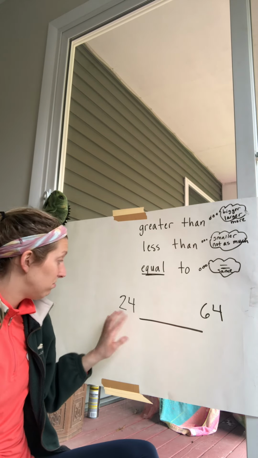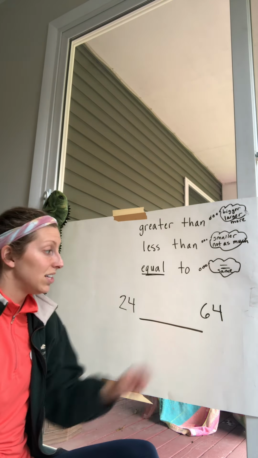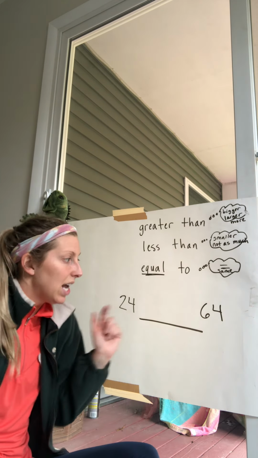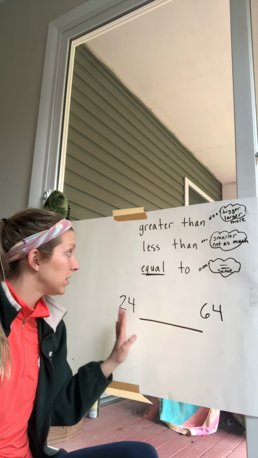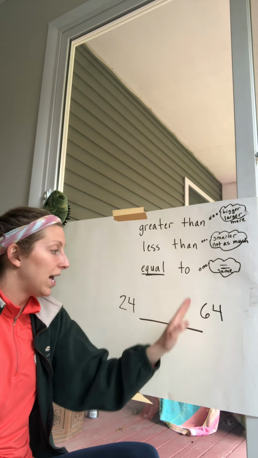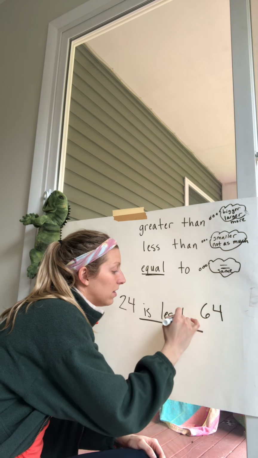Is it bigger? Is 24 less than 64? Or is 24 equal, the same as 64? Well, we know it's not equal because they're different numbers. Is 24 less than 64? Yeah, 24 is less than 64.